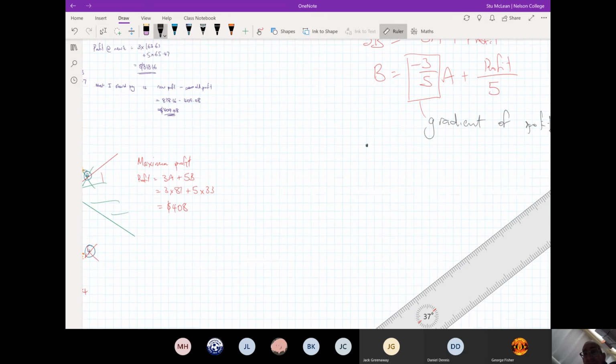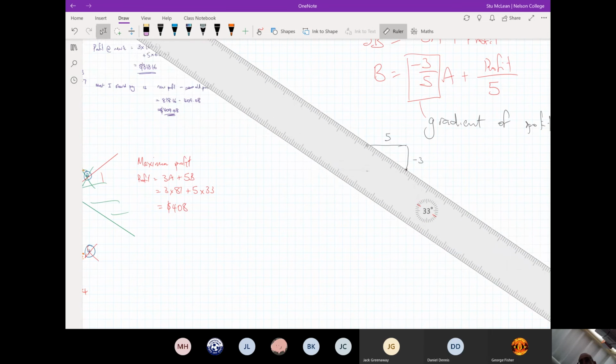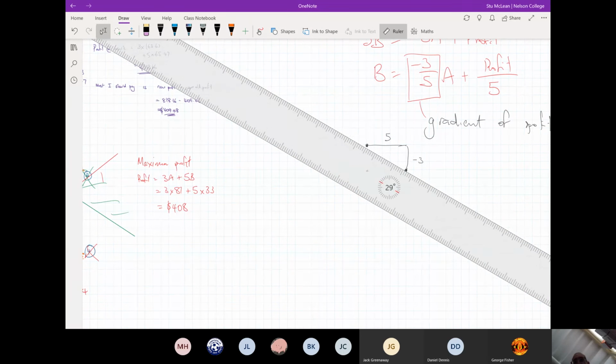So anywhere on here, if I go down 3 and across 5, that's my gradient. And if I grab my ruler again, there's my profit line there at that minus 3/5 gradient.